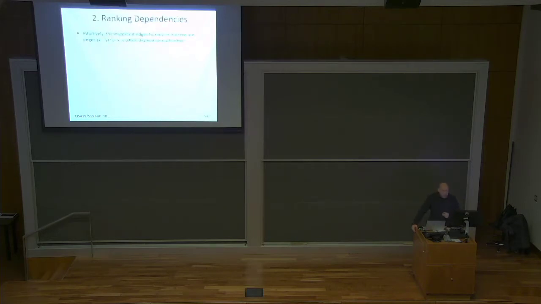So that's one thing we need to know. The other thing we need to know is, I need to decide whether I'm going to put an edge between x and y in my graph, in my tree. So I need to be able to rank dependencies and decide, yes, I want to put an edge between this x and this y, but I don't want to put an edge there.